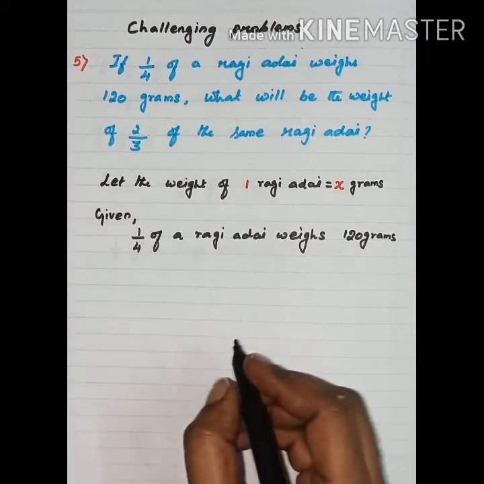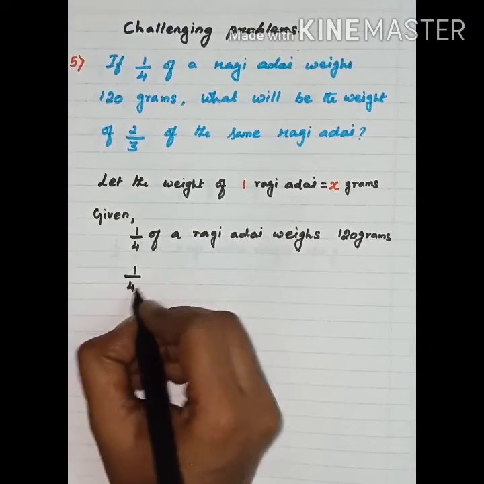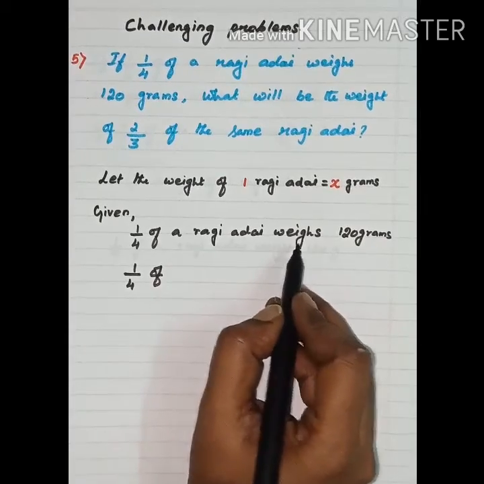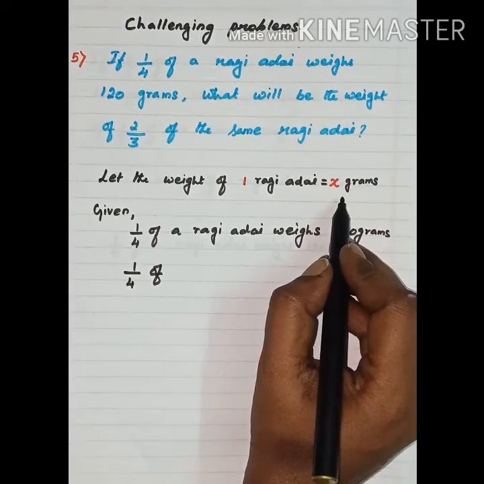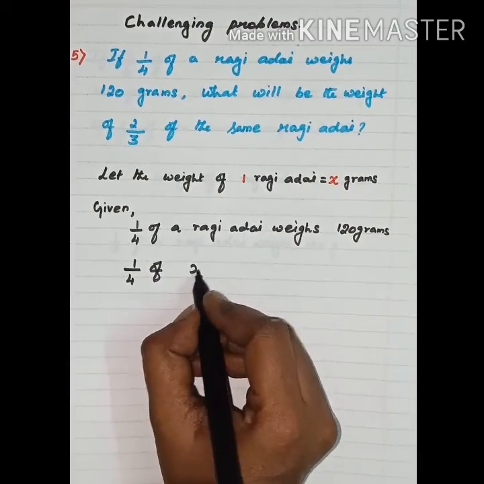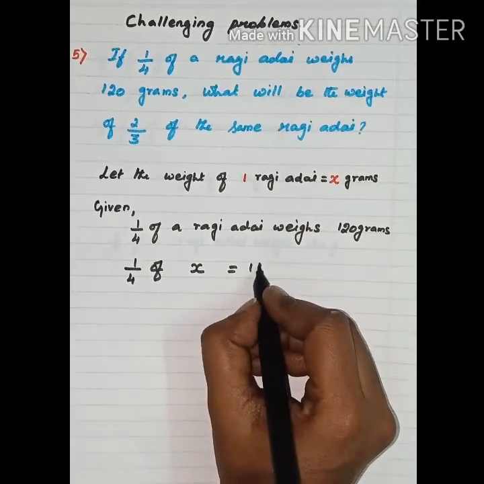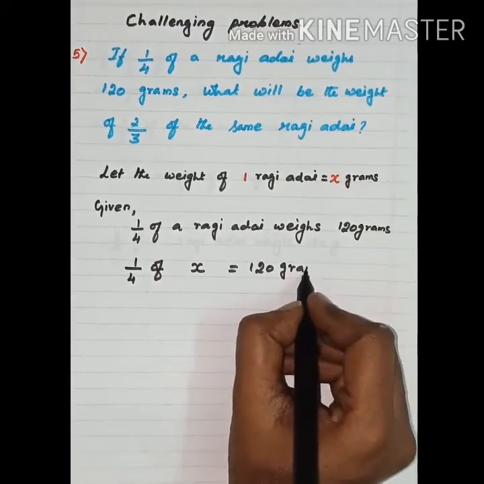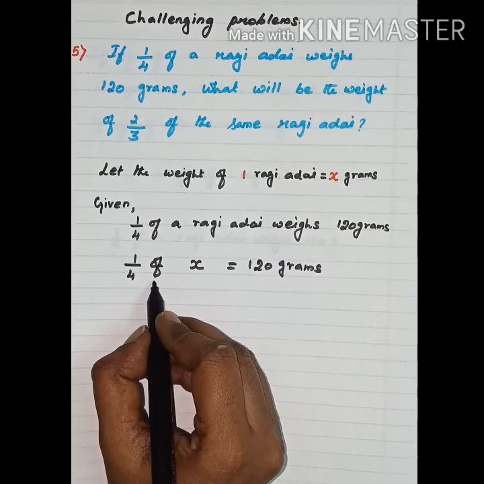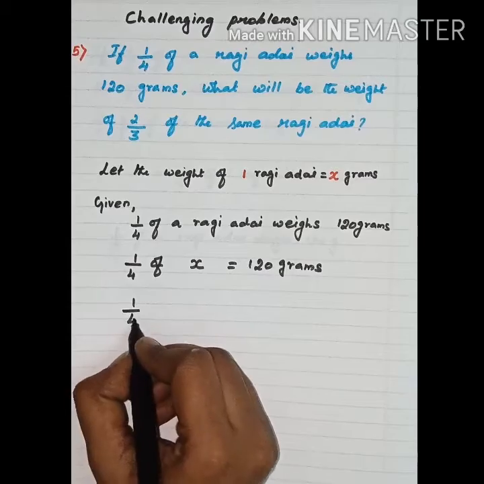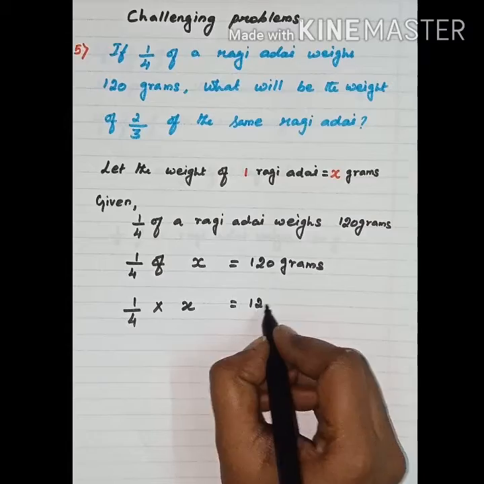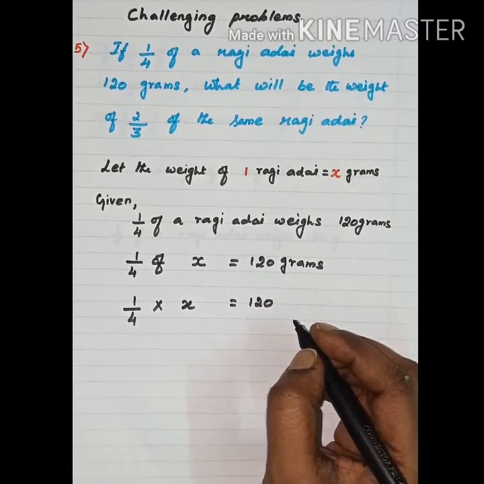So, 1 by 4 of the weight of a ragi adai, you can write as x, is equal to 120 grams. Of means we have to multiply. 1 by 4 into x is equal to 120 grams.